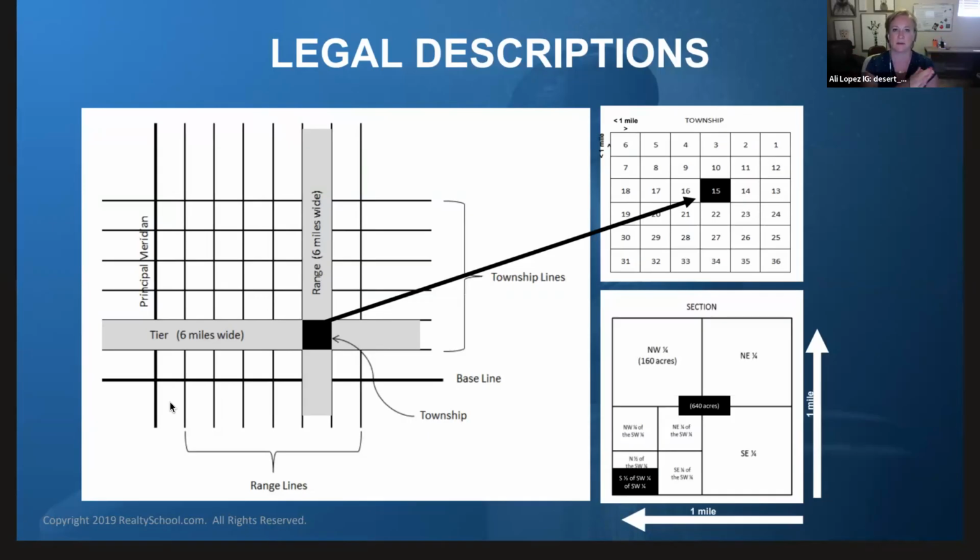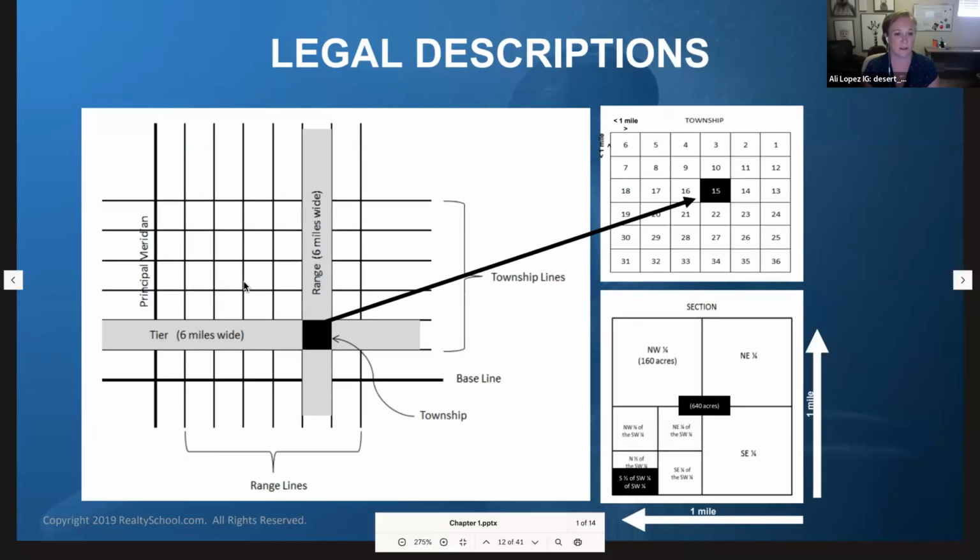A township is 6 miles wide by 6 miles high. And in each township, there are sections. There are 36 sections per township. The townships are numbered. The sections are numbered, 1, 2, 3, all the way to 36.